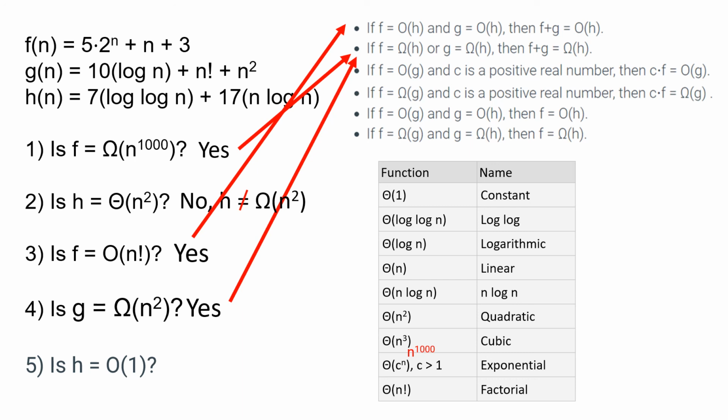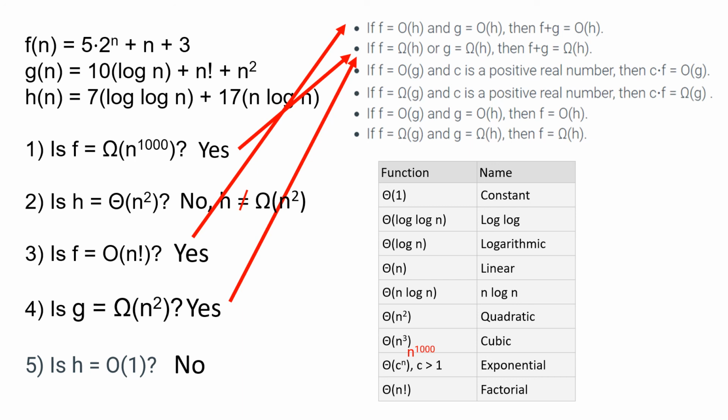Being at the top means that it grows less quickly, right? So 1 grows less quickly than any of the others. So the question would be, is h O of 1?